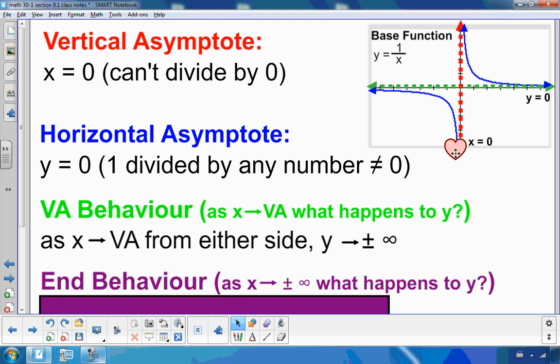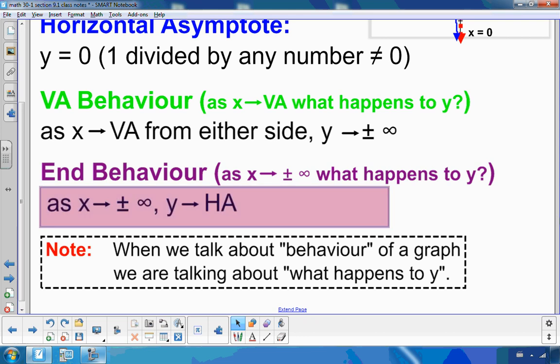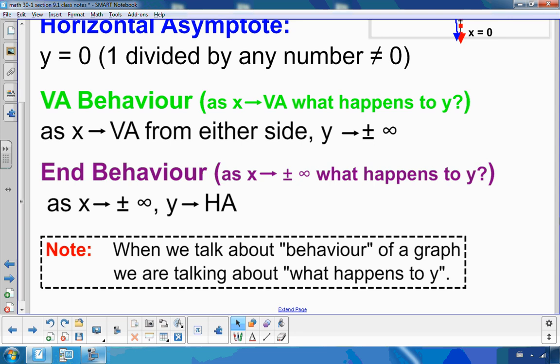On the other side, as x gets really small, as I'm getting x smaller and smaller, you can see that y is also approaching the horizontal asymptote. So that's what the end behavior is, which is the definition of a horizontal asymptote. As x gets big positive or small negative, y will approach the horizontal asymptote.